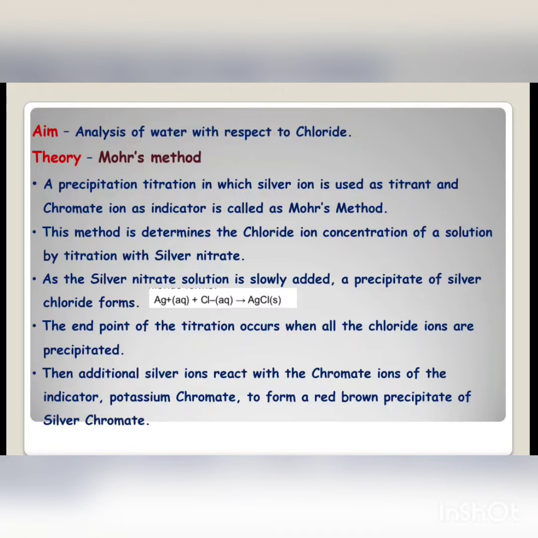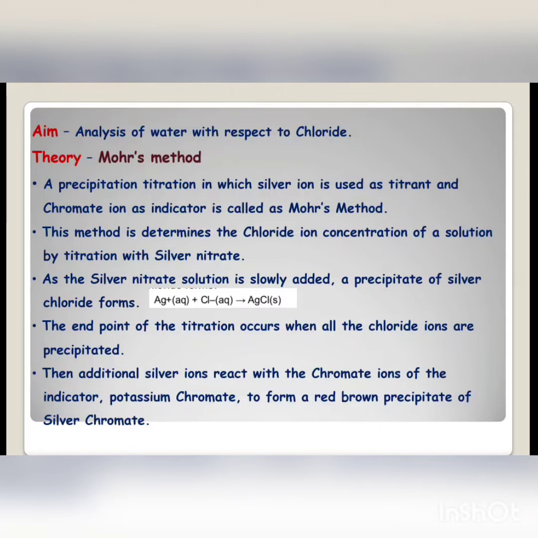Now let us see what is actual Mohr's method. We will see the principle of Mohr's method. By using this method, we are going to do the precipitation titration. Actually, there are 4 to 5 types of titration or volumetric analysis.